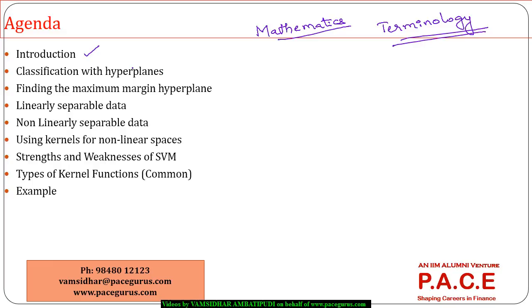Here we use a terminology called hyperplane. How does this classification of the data occur with the help of hyperplanes? I can use this both for classification purposes as well as for numerical prediction purposes. We can see how this grouping occurs with respect to the hyperplane.